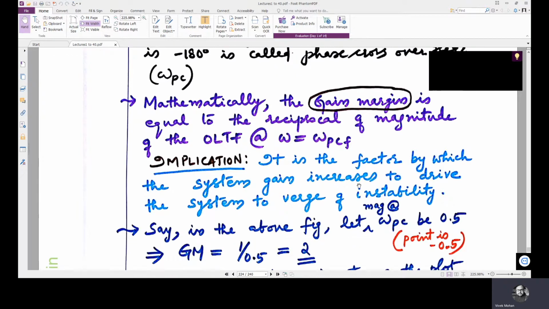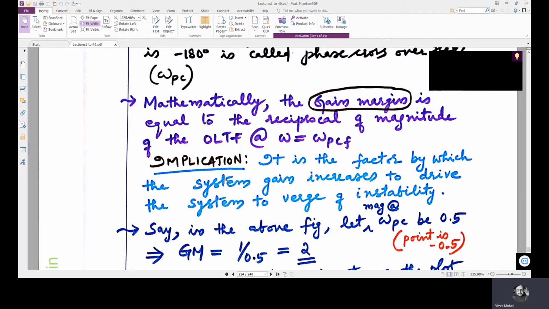What is the implication of this? It is the factor by which the system gain can be increased to drive the system to the verge of instability. Increasing the system gain means that one more block, an extra gain, is added to the system transfer function.